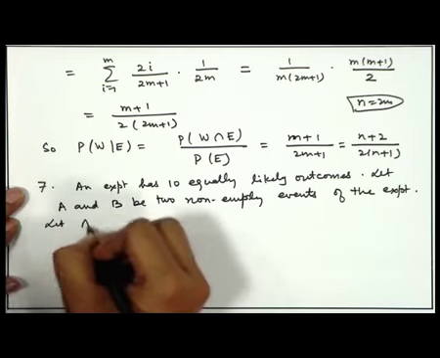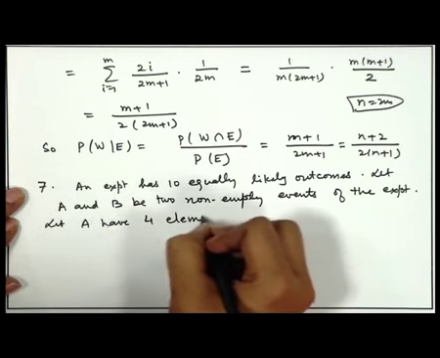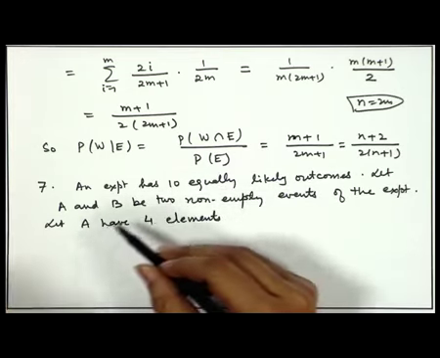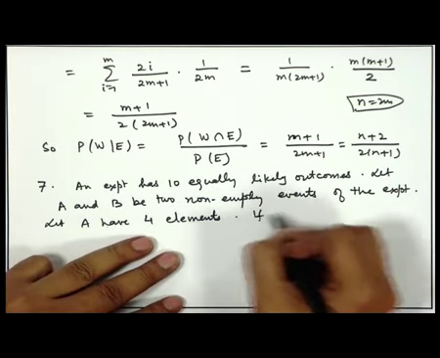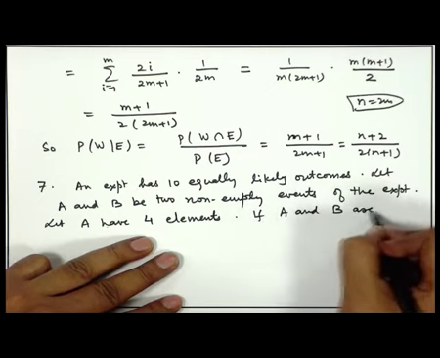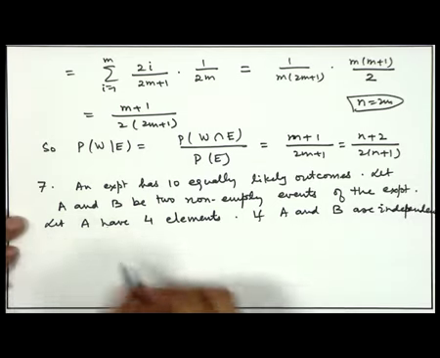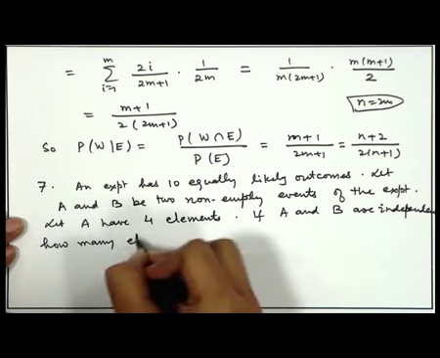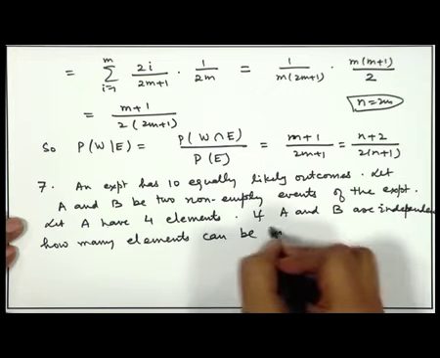Let A have 4 elements. That means, out of these 10 equally likely outcomes, 4 belong to A, they are favorable to A. If A and B are independent, how many elements can be in B?